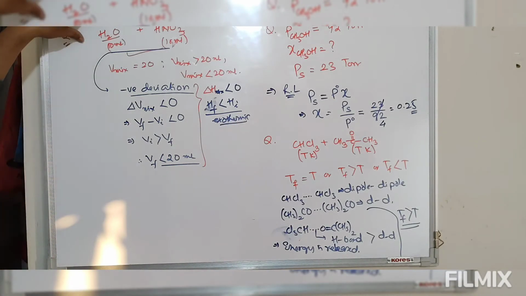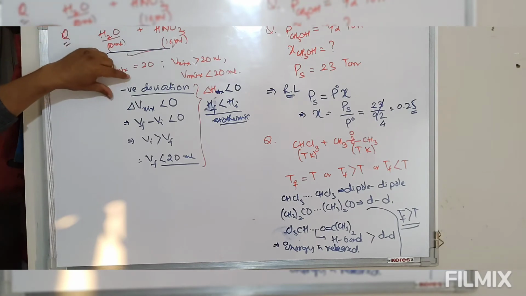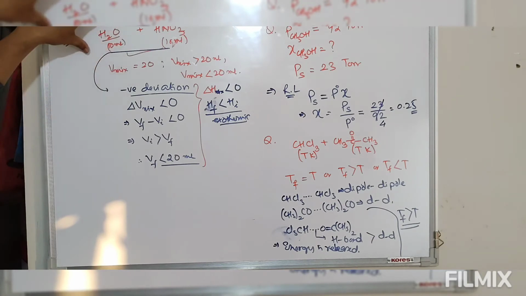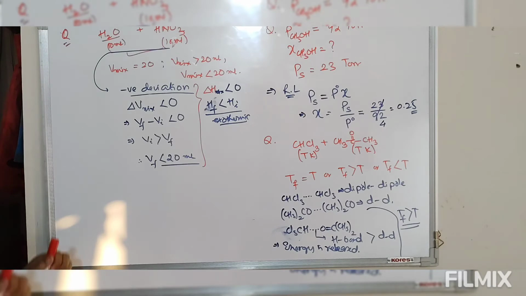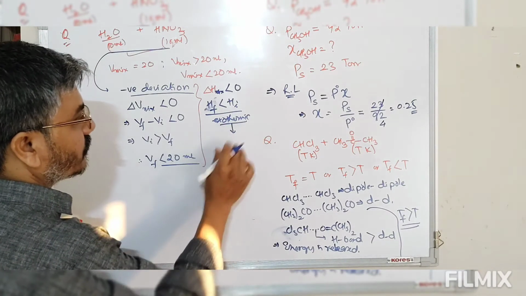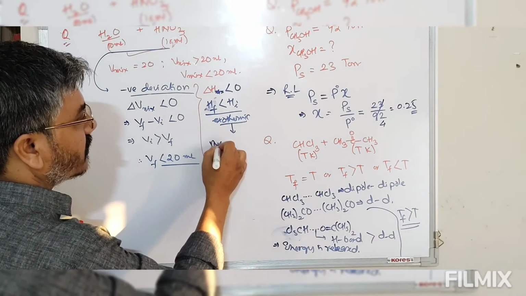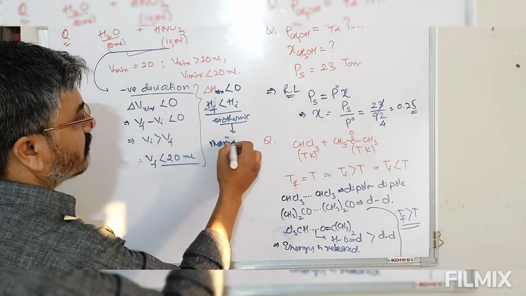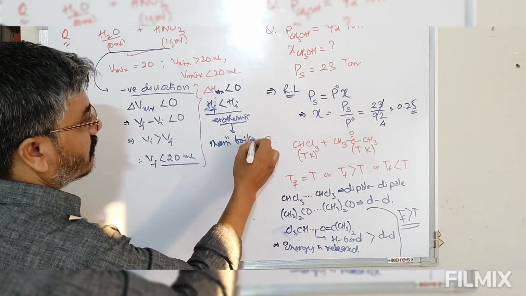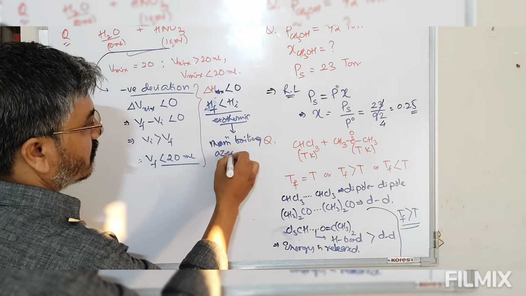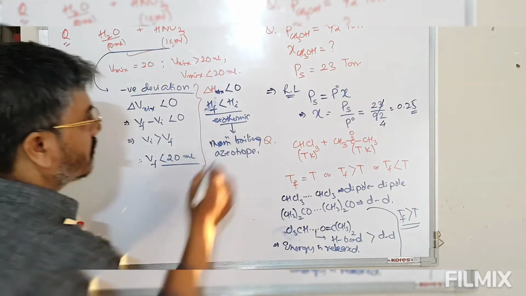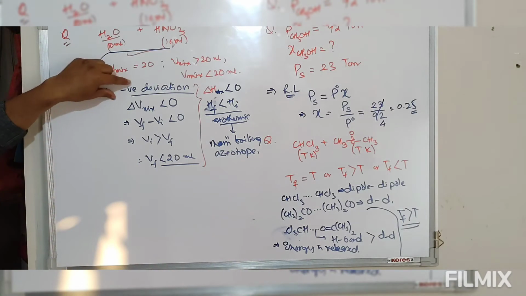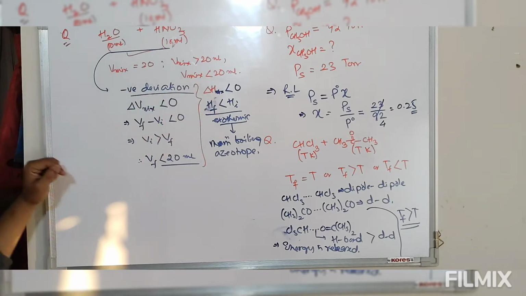Since the solution shows negative deviation, it will show a maximum boiling azeotrope. The one which shows negative deviation from Raoult's law will show a maximum boiling azeotrope.